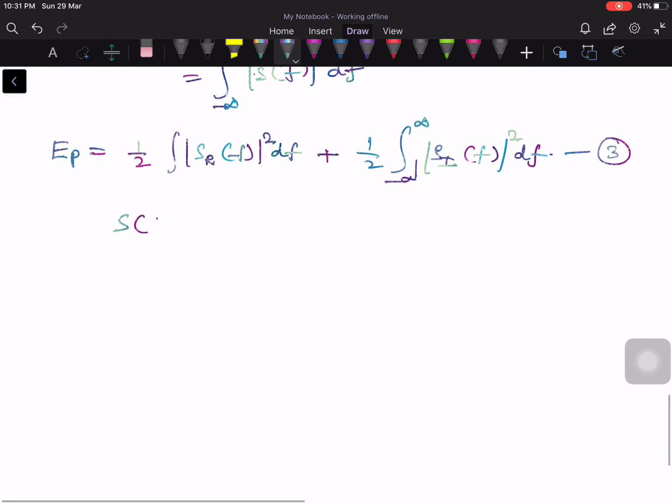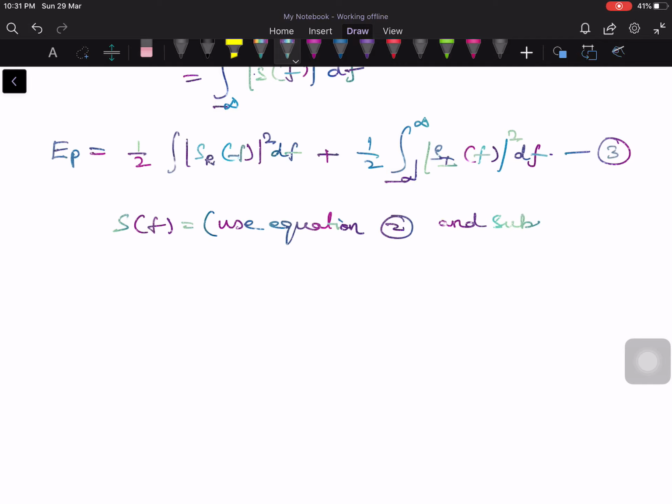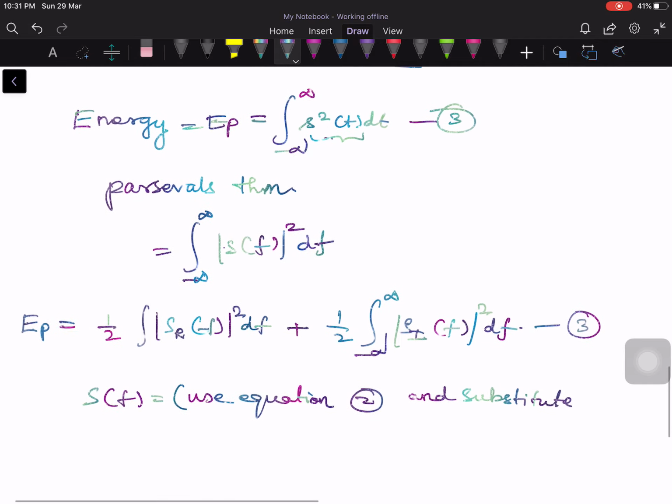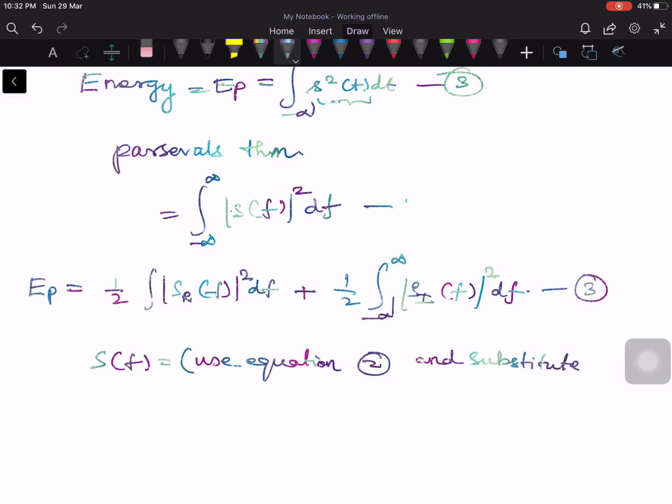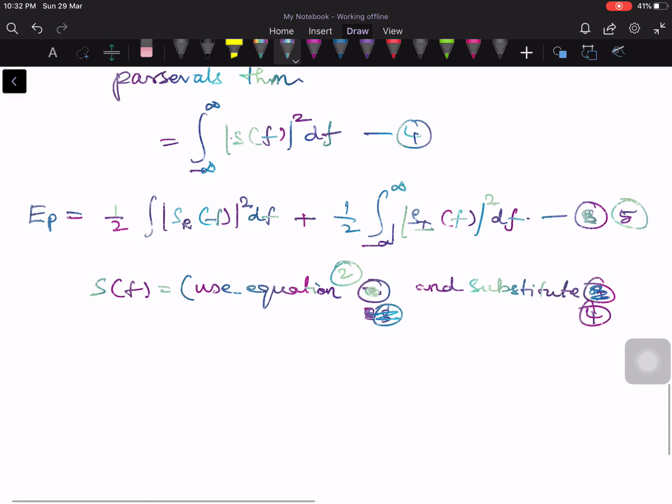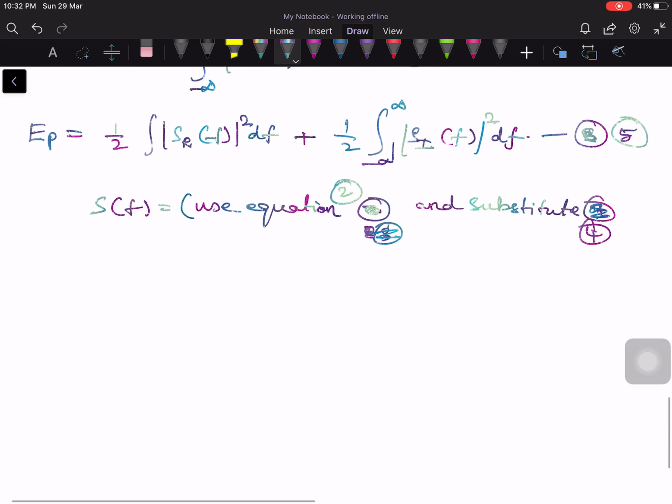Because we know S of f from equation 2, substitute in equation 4.